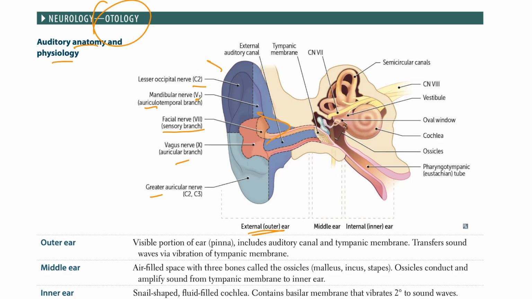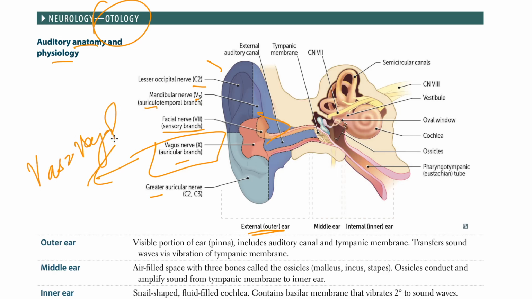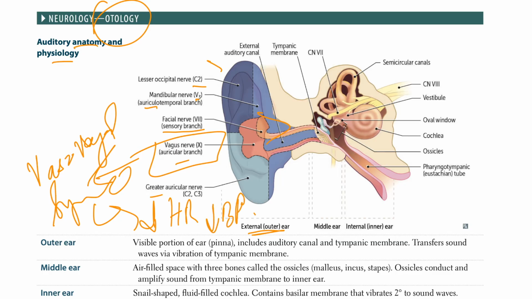And it can stimulate the vagus nerve. And when it stimulates the vagus nerve, the patient can go into vasovagal syncope. And what is that going to be like? For example, decrease in heart rate right away and decrease in blood pressure. So, okay, that's a clinical significance for the vagus nerve.